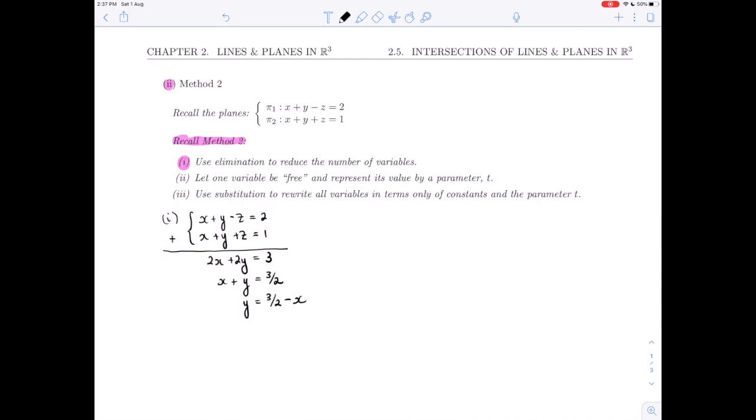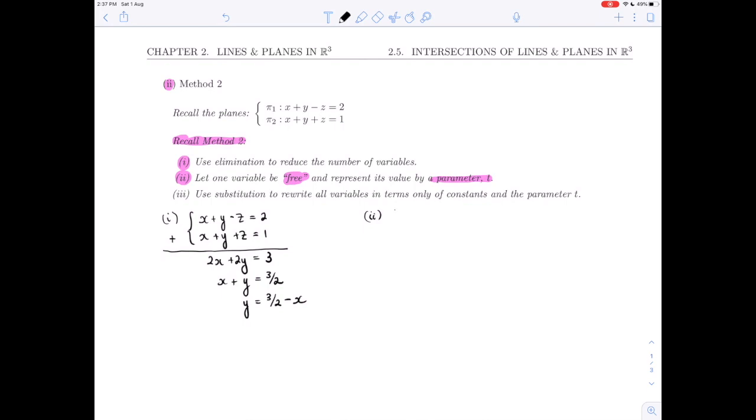Now the next step, step 2, says to let one variable be free, and that's probably something that's new to you. I'll explain that in a moment, and represent its value by a parameter t. So I'm going to do that, which is usually part of the solution that you just do without explanation, but then I'm going to explain what's actually going on behind this step.